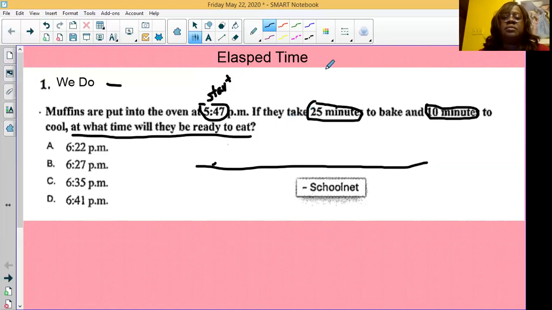So our equation would be, we start at 5 hours 47 minutes. It's 5:47 when we're going to start. We know that we're going to add an additional 25 minutes. So we're going to add 25.